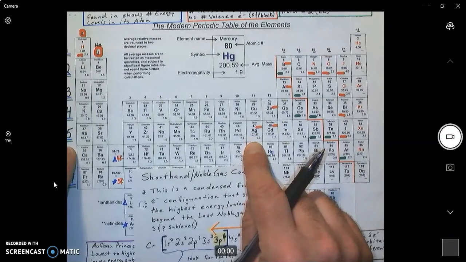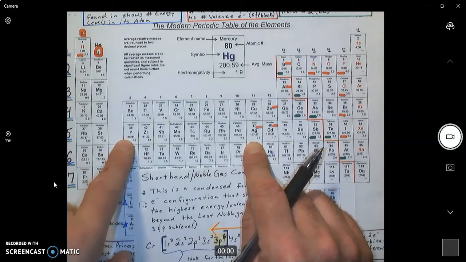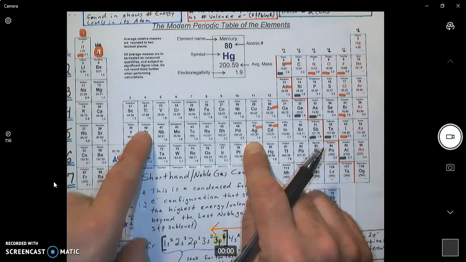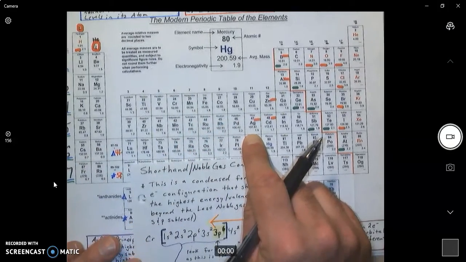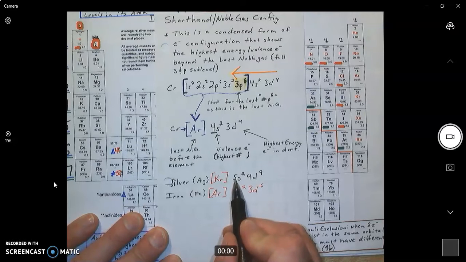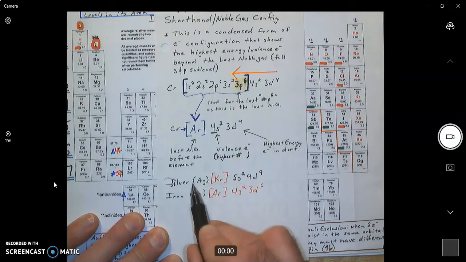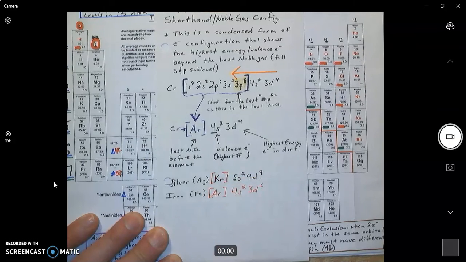Silver is in the fifth row, so that means 5s2 is full, 4d, 1, 2, 3, 4, 5, 6, 7, 8, 9. 5s2, 4d9 is what makes silver different than krypton. So silver is everything that krypton is, and 5s2, 4d9.